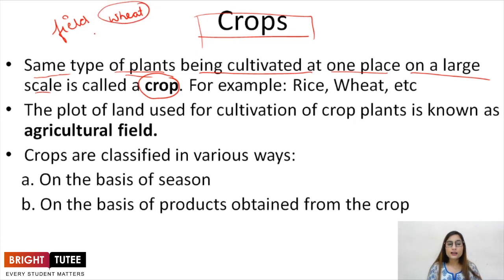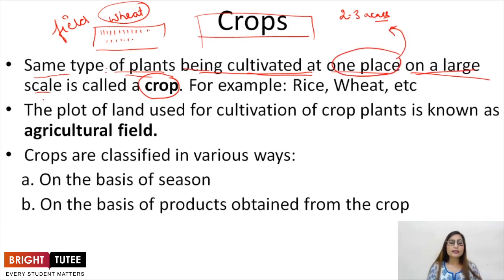There is a large portion of that land on which the same kind of plants are grown, right? Same kind of plants on a large piece of land, for example 2 to 3 acres, are plowed to grow wheat. So same type of plants being cultivated at one place on a large scale is called a crop, right? For example, rice, wheat, etc.